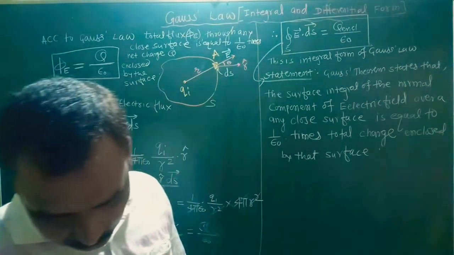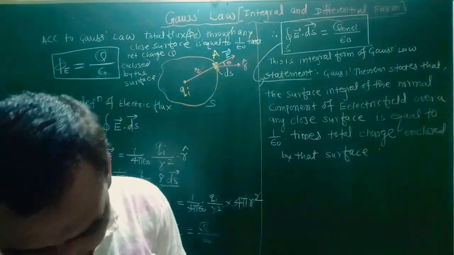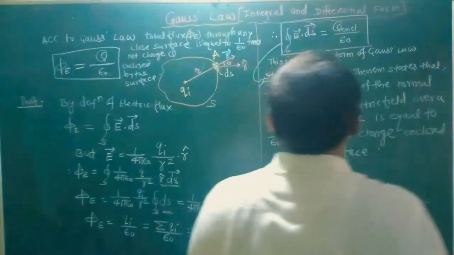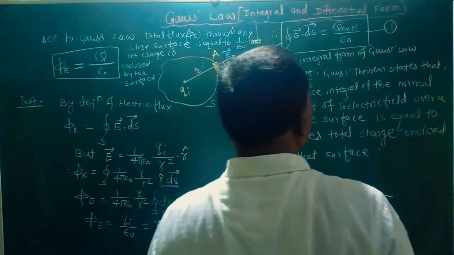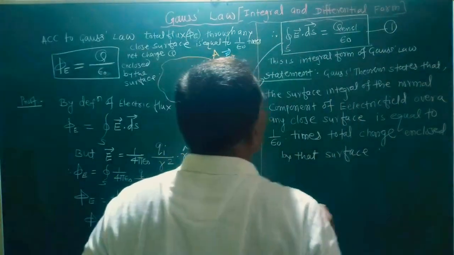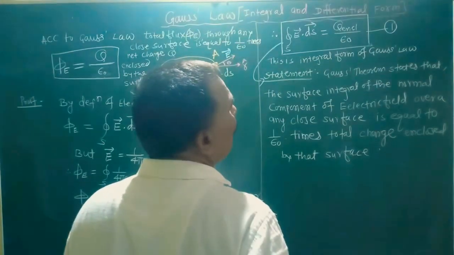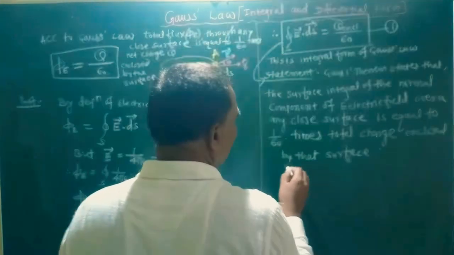This is the statement of the Gauss law. And this is equation number 1, that is the surface integration of E bar dot ds bar is equal to q enclosed upon epsilon 0.